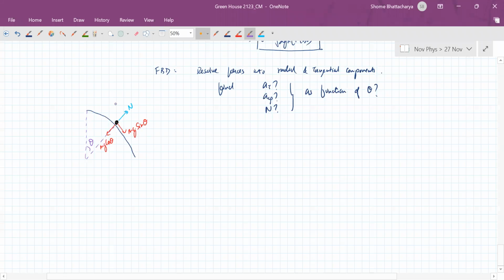Then there is the normal contact force. And the particle has a centripetal acceleration and a tangential acceleration.